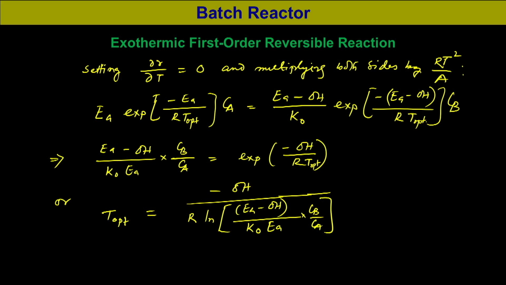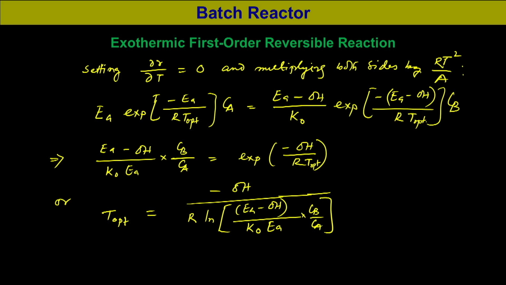reaction progress. Initially, for an exothermic reaction, if we consider exothermic reaction, then delta H is negative, and so this will give an optimum temperature that is negative, not a physically meaningful or significant result.